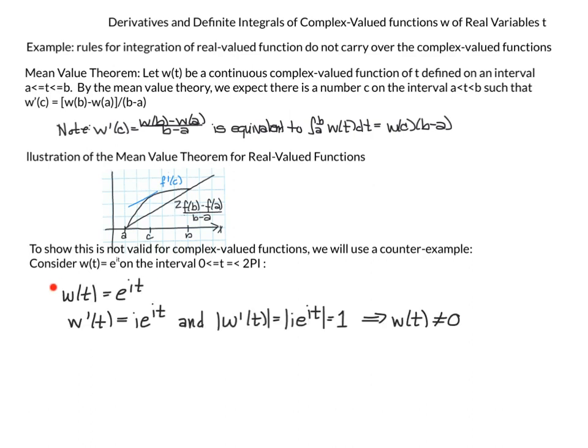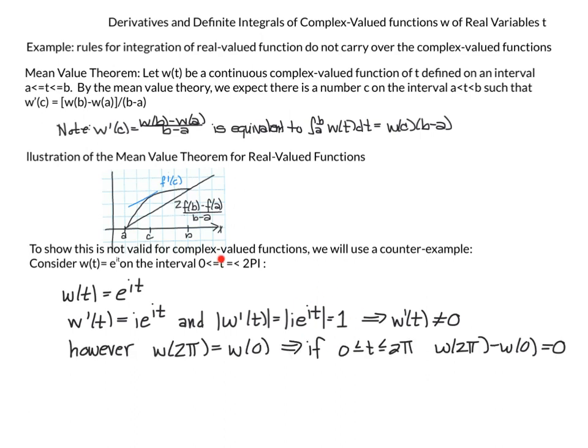The derivative of w(t) equals e to the it is i e to the it, an example we covered earlier. If we look at the modulus of the derivative, it is equal to the modulus of i, which is 1, which means that w prime of t is never equal to 0, because it always has modulus equal to 1.